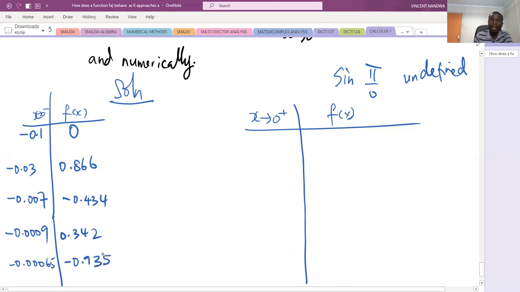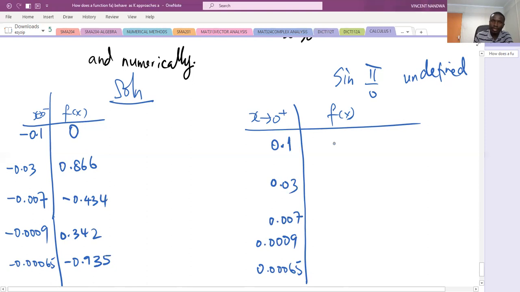this will give you negative 0.935. And then as x approaches 0 from the right, say 0.1, 0.03, 0.007, 0.0009, 0.00065.